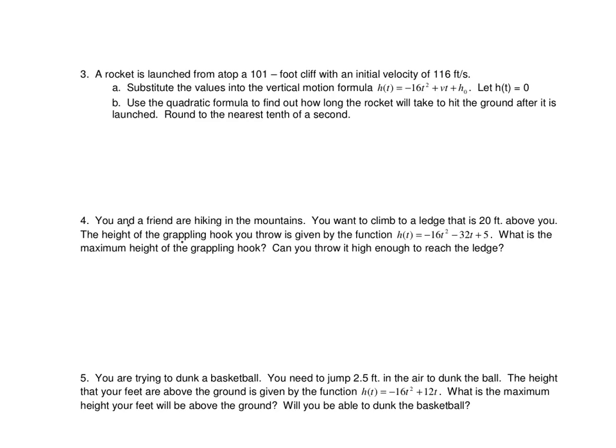So what that's asking me to do is to substitute the starting point for h sub 0, or s, depending on which form of the formula you're given, and 116 for the velocity. So what that's going to look like is negative 16t squared plus 116t plus 101.